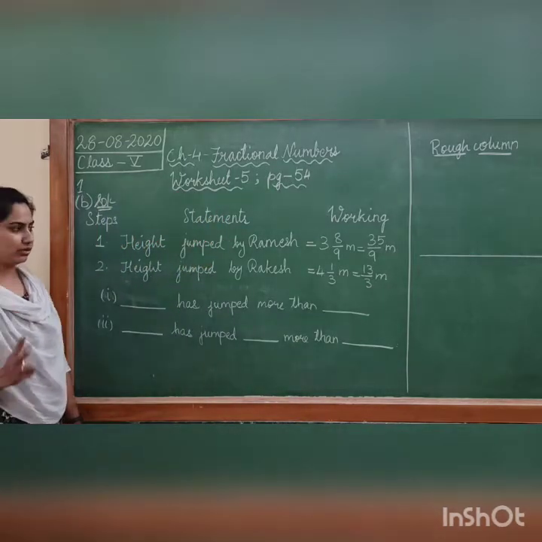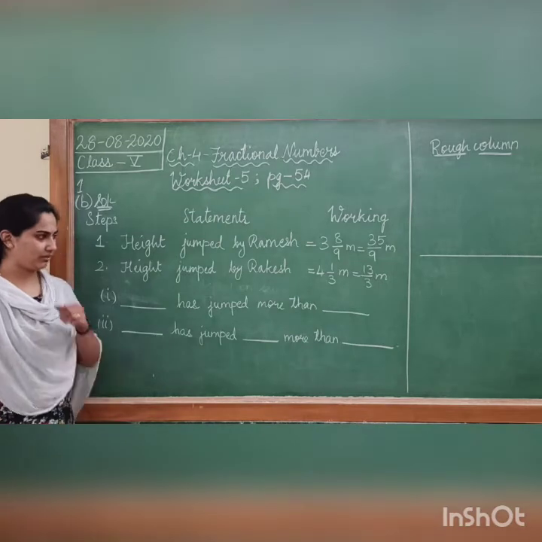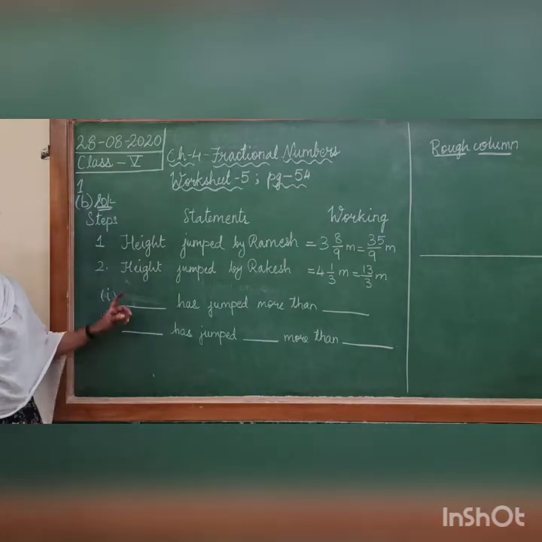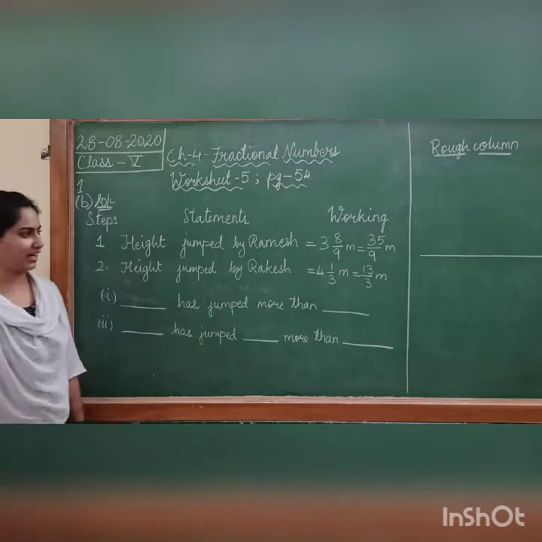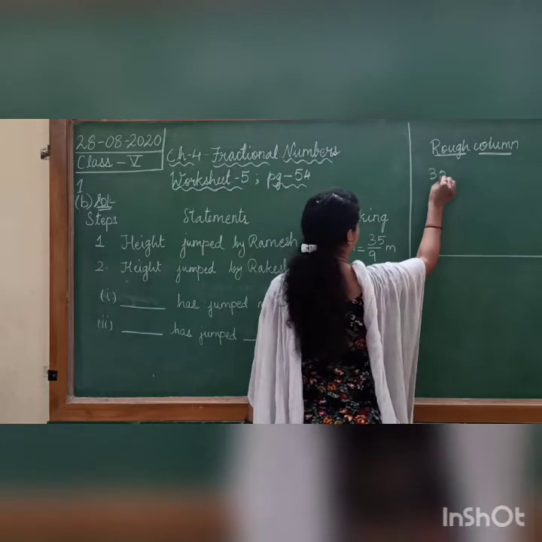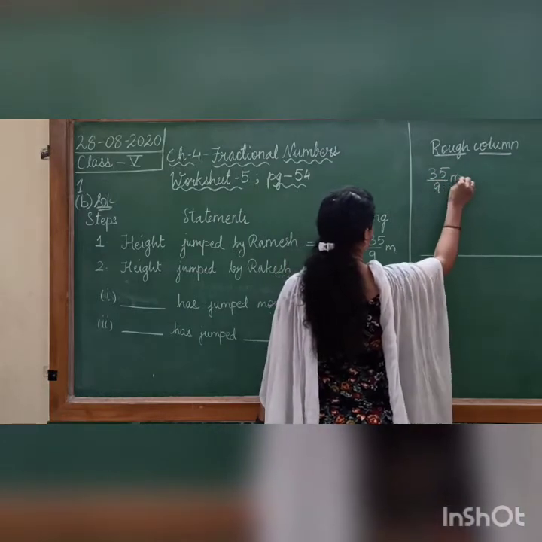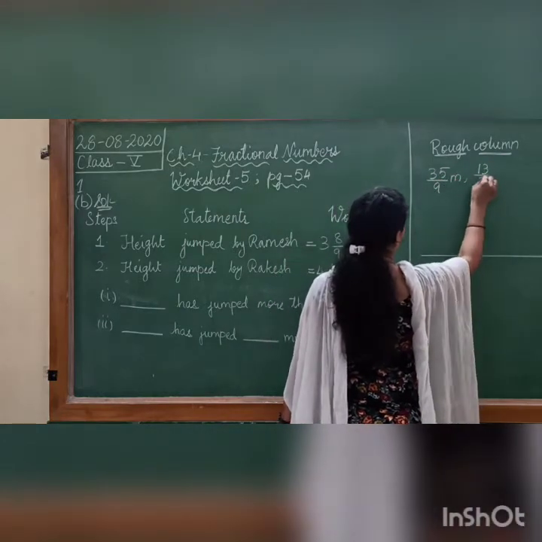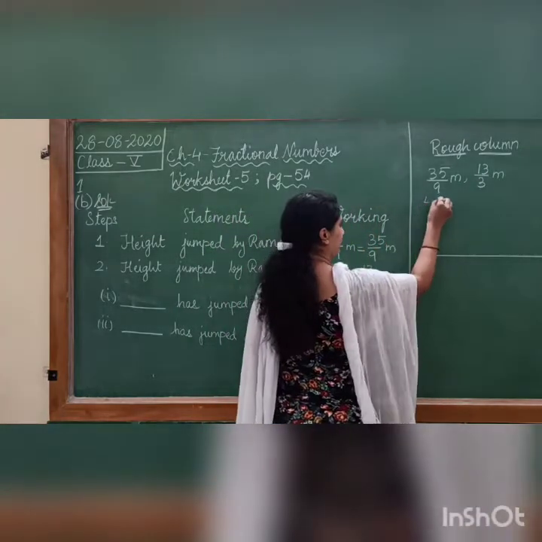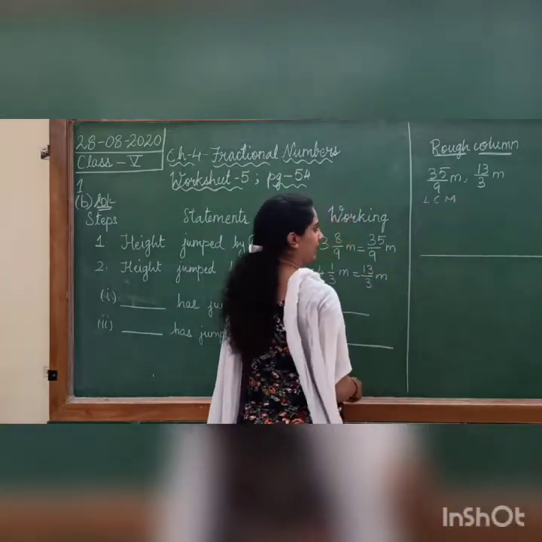Now there are two questions in the same sum. One thing is who jumped more height. To calculate who jumped more height, we have to compare both the fractions. That is 35/9 meters and 13/3 meters. To compare, we have to take the LCM, make the denominator same, and then compare.